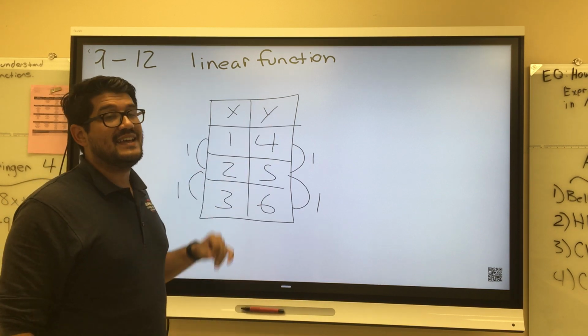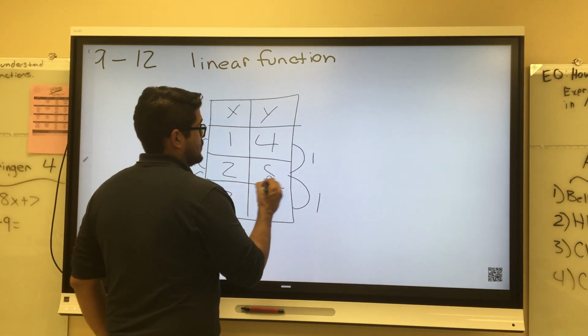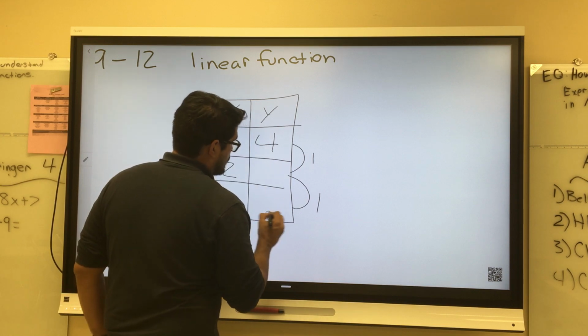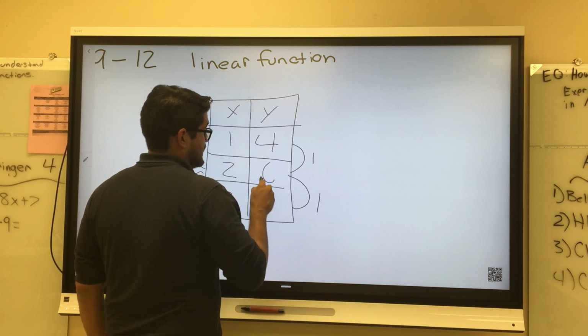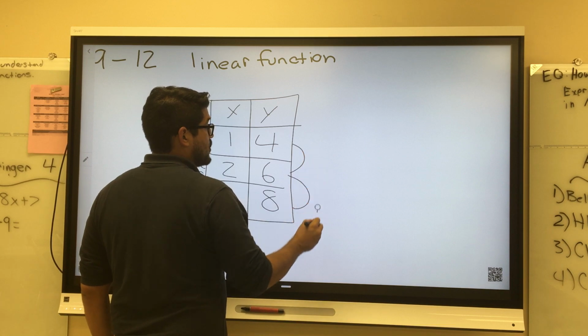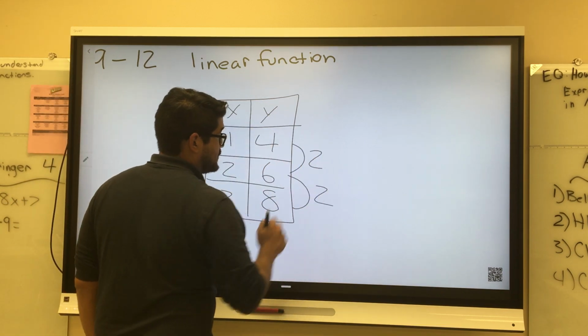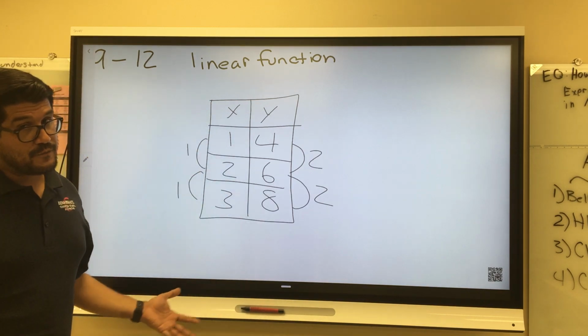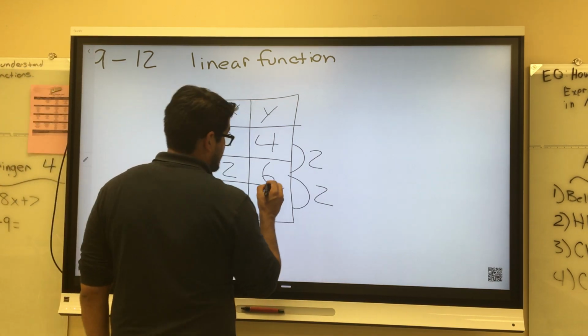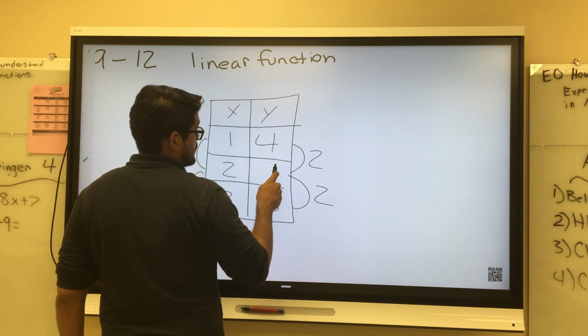So this is going to be yes to a linear function. So you're meaning all of them are the same? No, this can go 2, 4, 6, 8, and now they're going up. This is consistently 1, and this is consistently going up by 2. This is still a linear function. Now, how does it look when it's not linear?